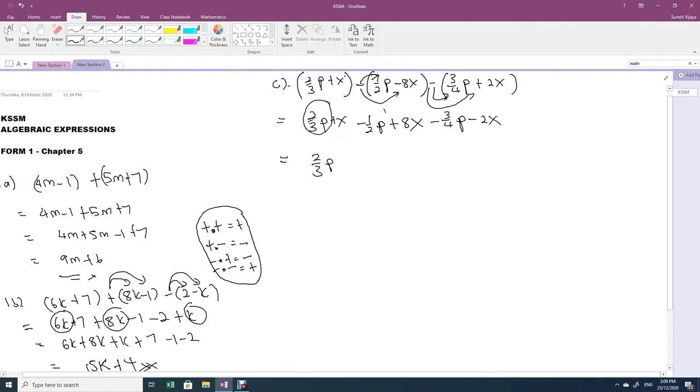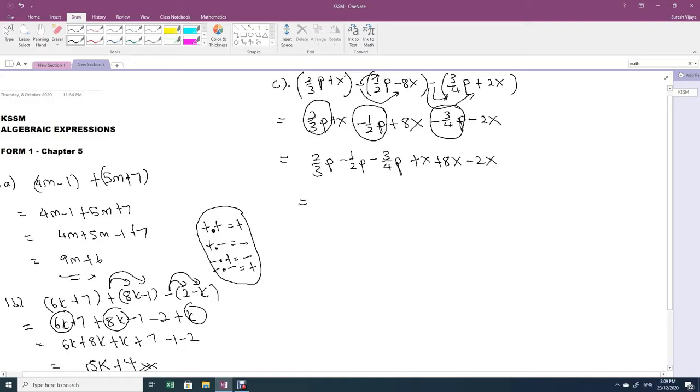So we have 2 over 3p minus 1 over 2p, and we have minus 3 over 4p. Then arrange the x at the other side: x plus 8x minus 2x.